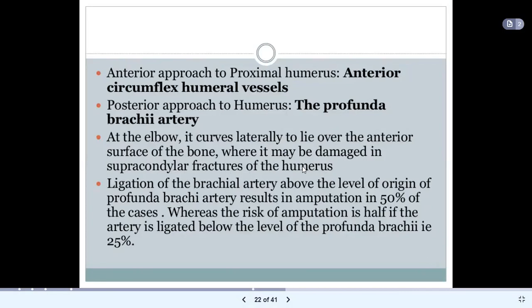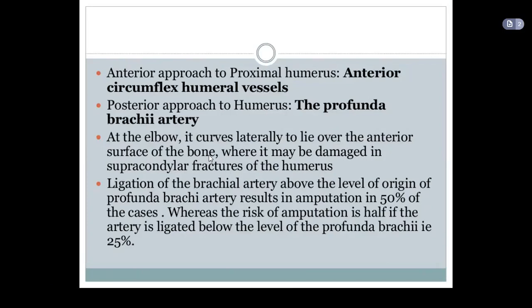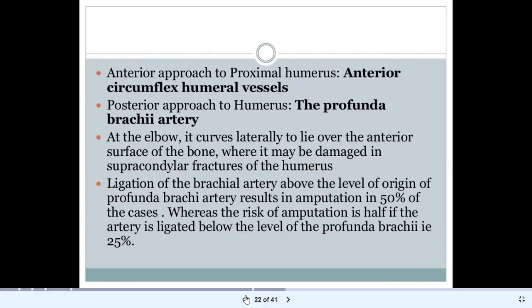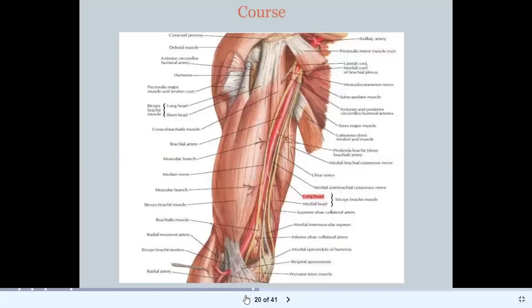So when that artery gets to the elbow, it curves laterally to lie over the anterior surface of the bone, where it can be damaged. If there's a fracture of the humerus around this elbow joint, the artery can easily be damaged.